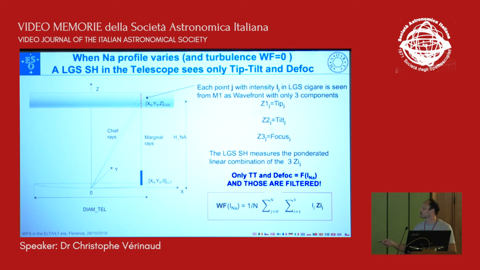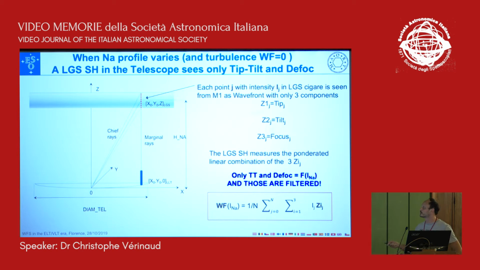Now, what the Shack-Hartmann sees in its subapertures is a weighted sum of these terms, and the weighting is the intensity of each of these spots, which means that the Shack-Hartmann sees only tip, tilt, and defocus, which is a function of the sodium profile.